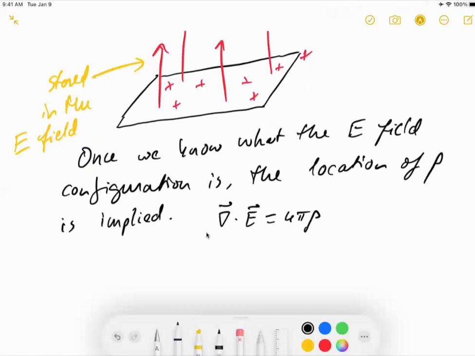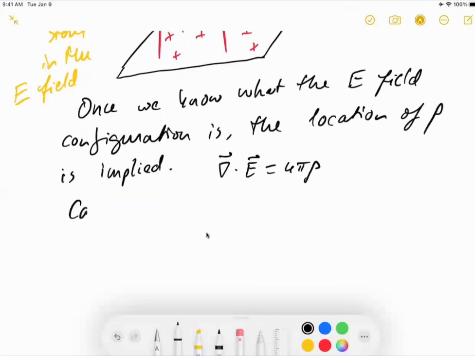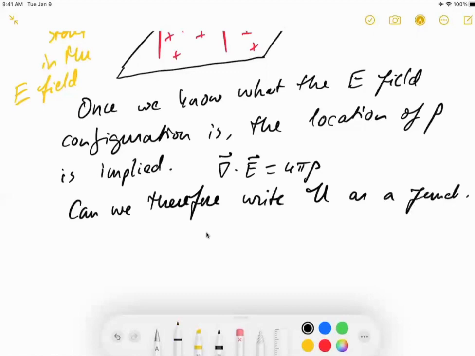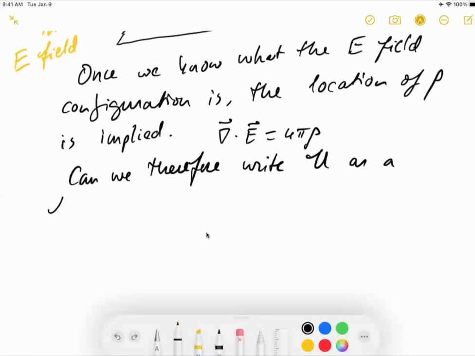So can we therefore write U as a function of E only?